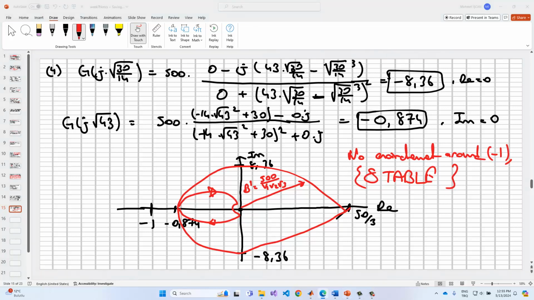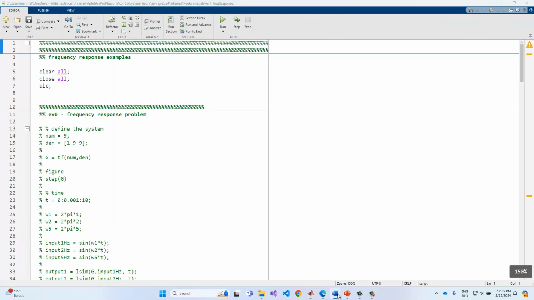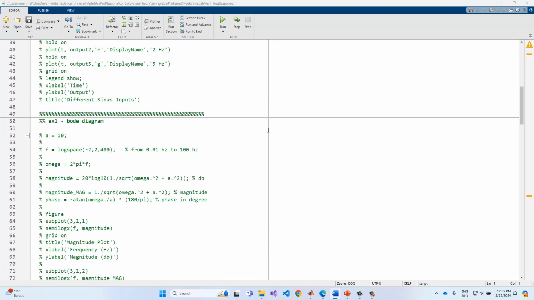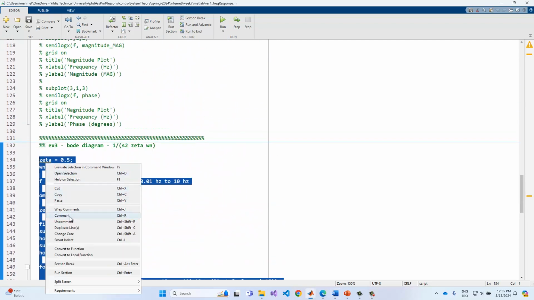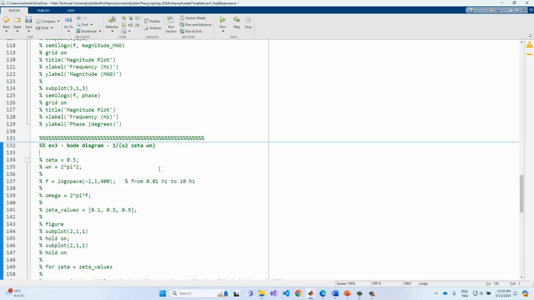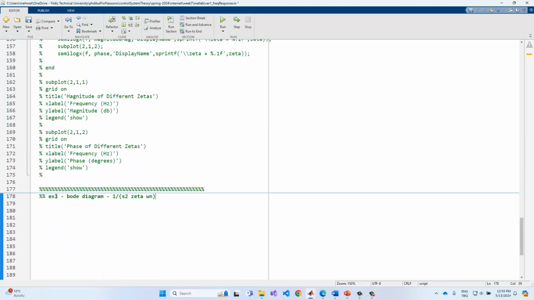But we don't need to worry about these conclusions in here because we have MATLAB for the solution of these terms. So how can we create the Nyquist plots in MATLAB in here? For example, a comment, example 3, Nyquist.